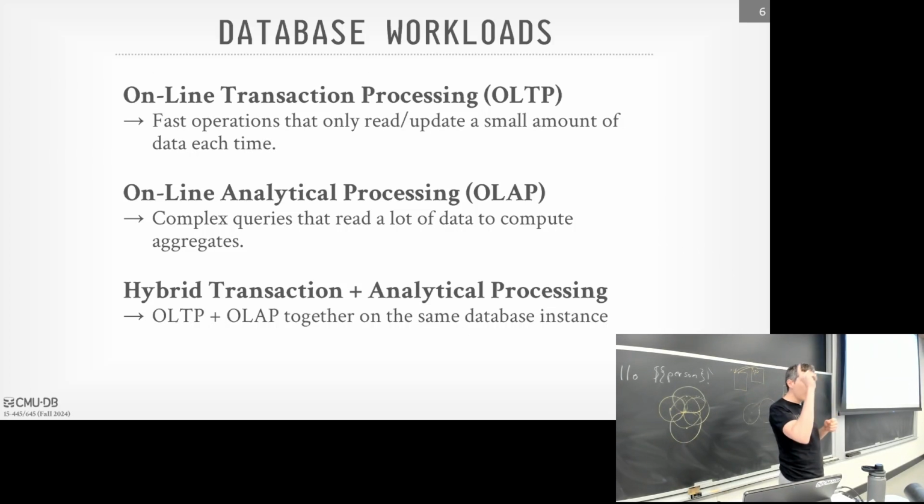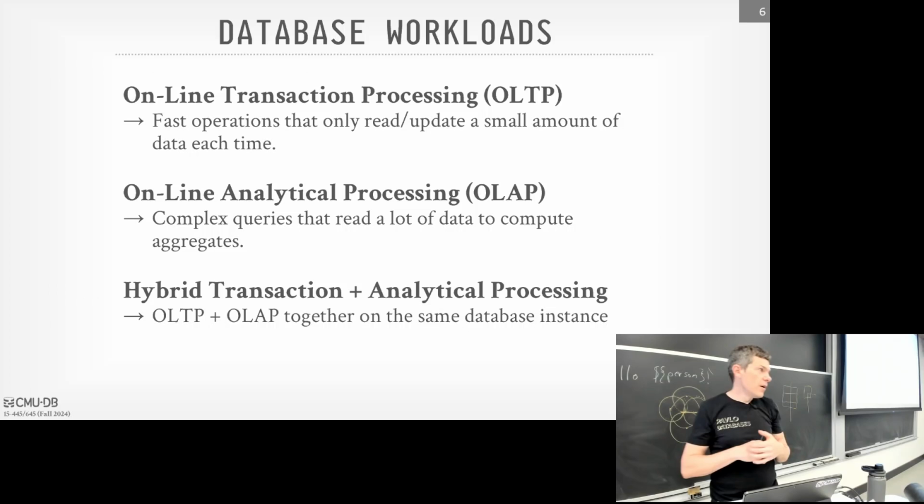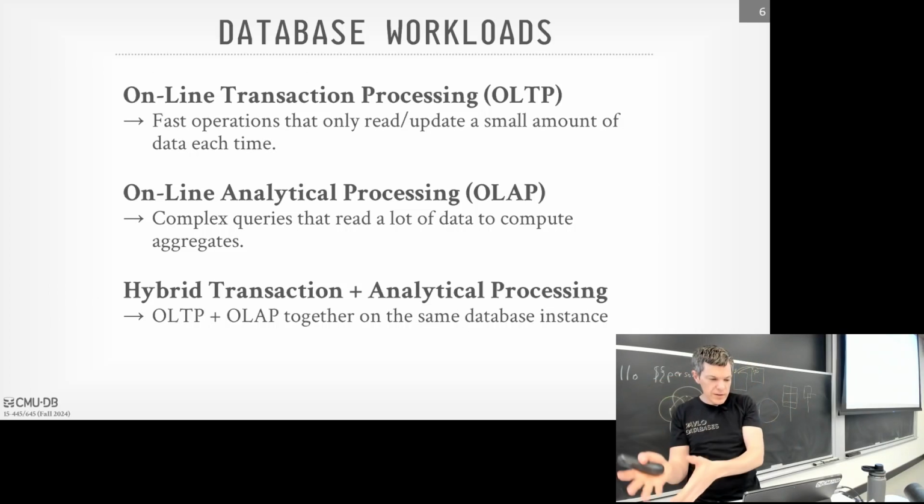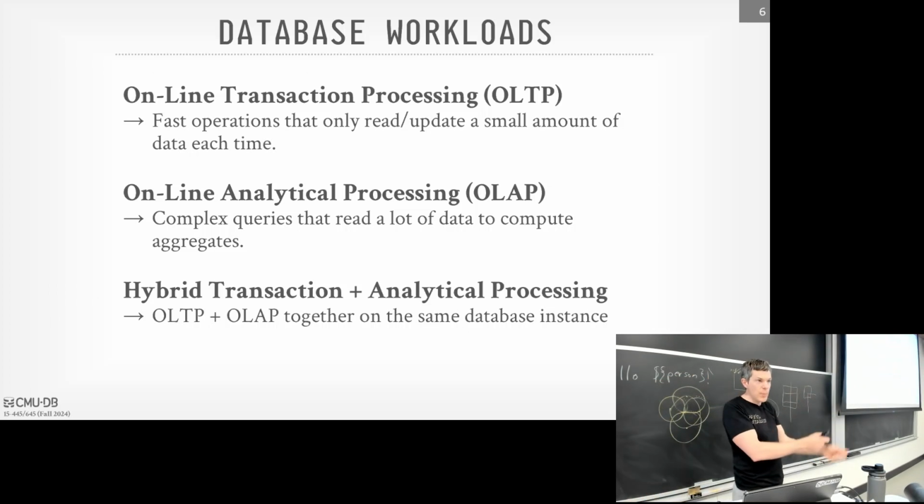OLTP is like, go get Andy's account: select star from account where username equals Andy. The query is quite simple. But analytical could be something like, find the item that customers have bought the most when it's a day in September in this city at this temperature at this time of day, and they have other features and characteristics that we want to break it down on. And typically, you'll be joining a bunch of other tables when you run these queries.